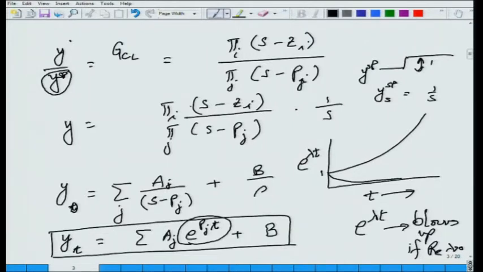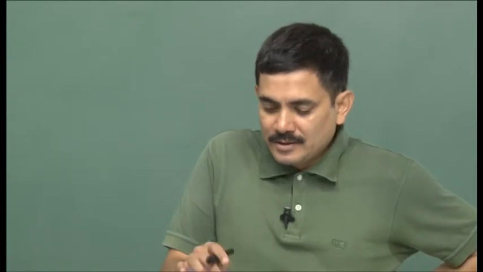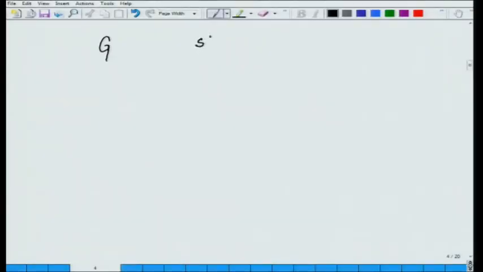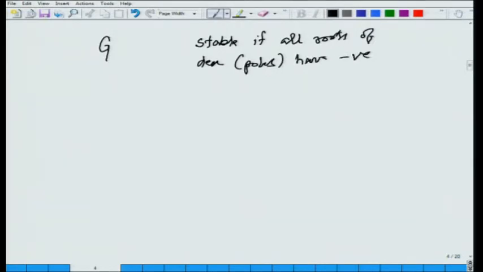So, what this basically gives is the stability of a system. If you have a system with a transfer function g, this transfer function is stable if all roots of the denominator, which are also referred to as poles, have negative real parts.